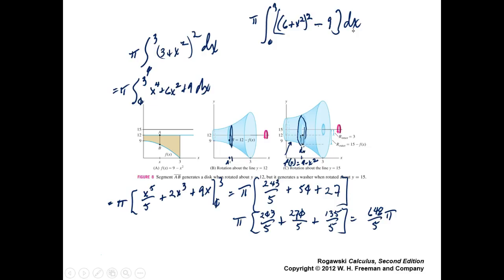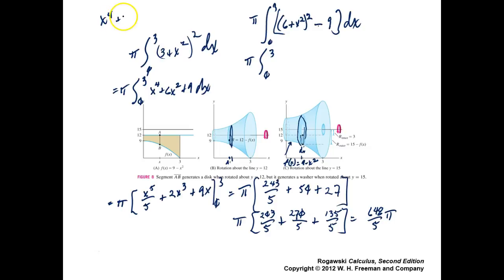Okay, and that will give you your, this is the washer method. So again, 0 to 3. Let's square that one. So we come up here and square it. Just save ourselves some effort here. What's the square of 6 plus x squared? x to the 4th. He'd like to do it backwards. That's fine.